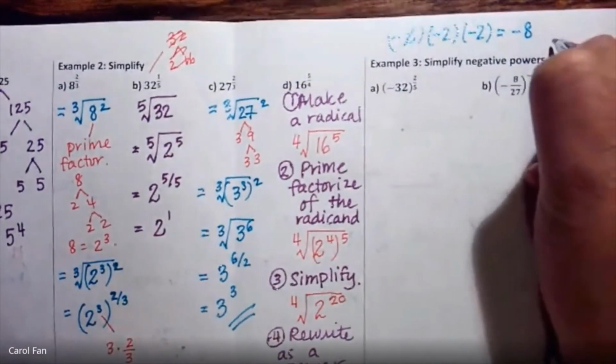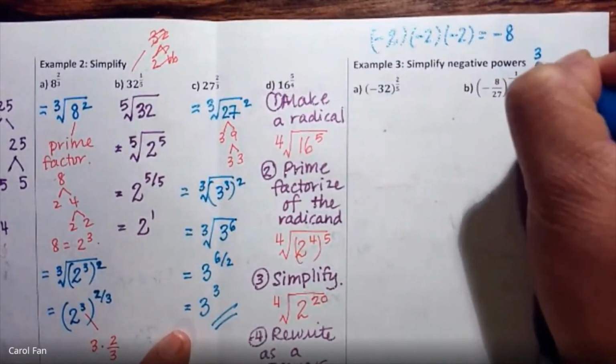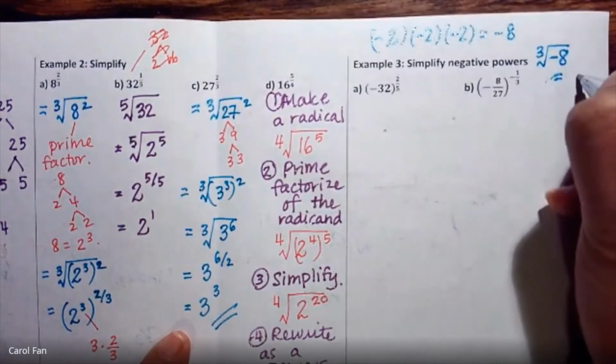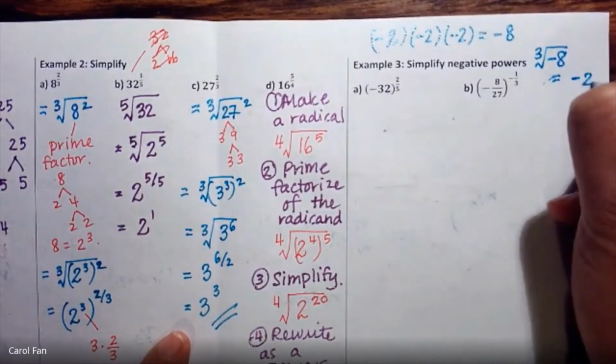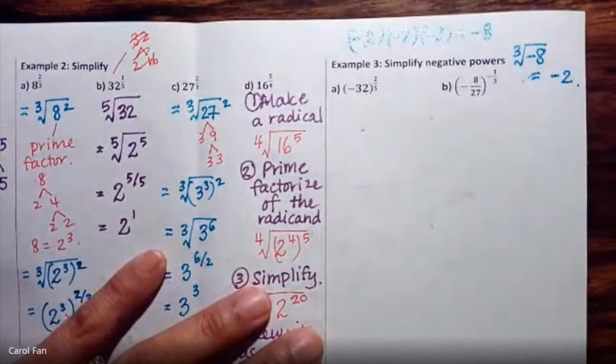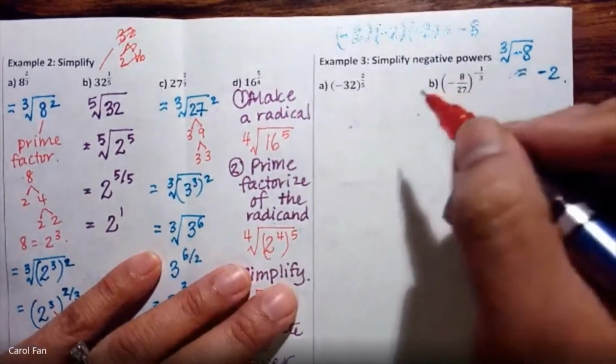So we could also say that if I took the cube root of negative 8, this is equal to negative 2.